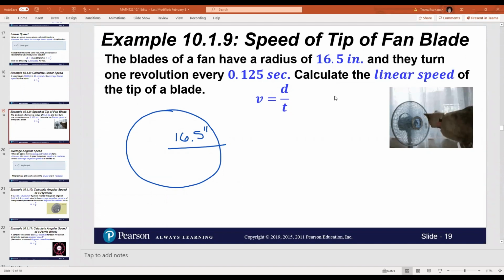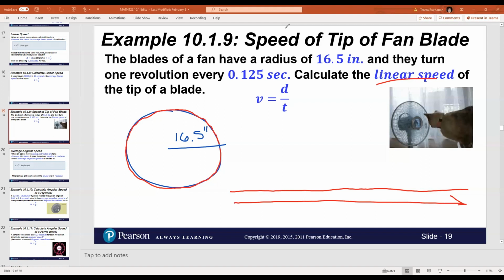what I'm asking myself is, how fast is the fan blade moving as it travels around that circle? It's still linear speed, right? Because couldn't I take that red line and undo it and stretch it out and say, how fast is something traveling down that line?